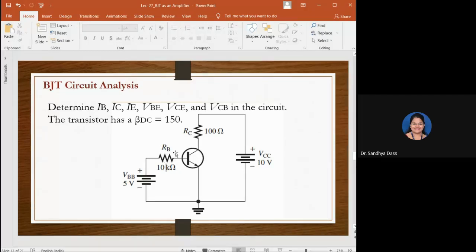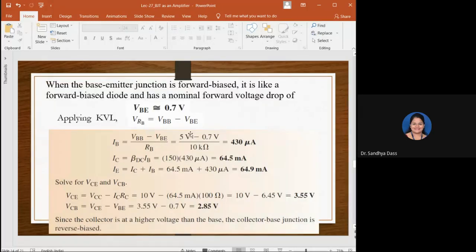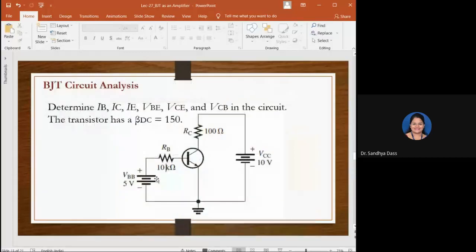So IB times RB will be the drop across this resistor, right? From applying KVL here, please take down this: IB will be (VBB minus VBE) by RB. If you go back here, (VBB minus VBE) by RB, that will be your IB.